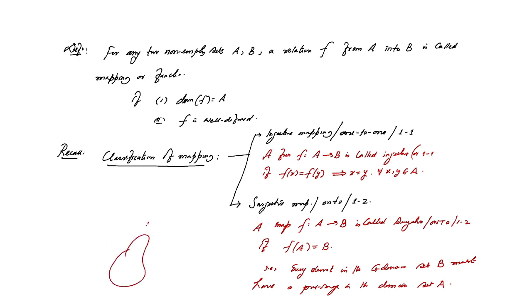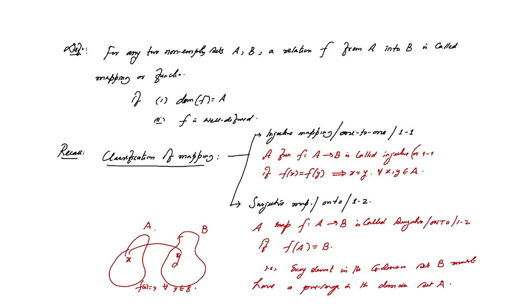That means if we take this as our domain and this as our codomain, and take any arbitrary y belonging to B, there exists x such that f(x) equals y for all y belonging to B. This is the meaning of surjectiveness.